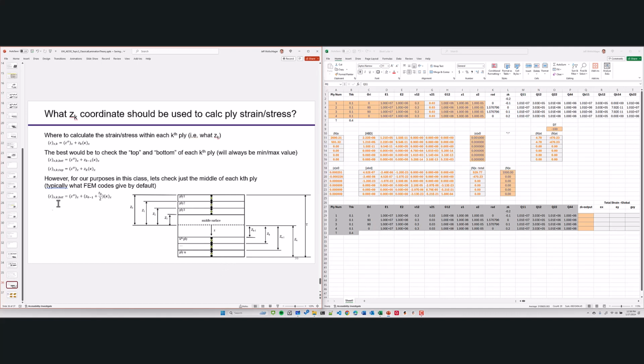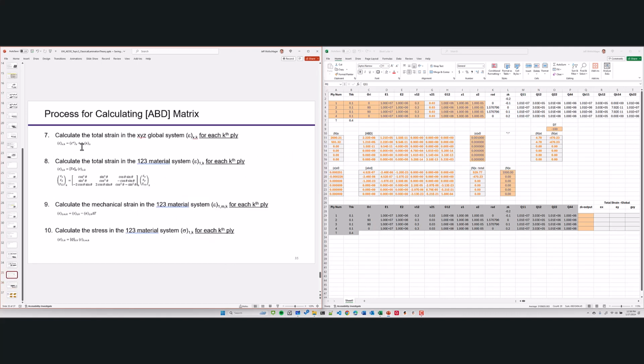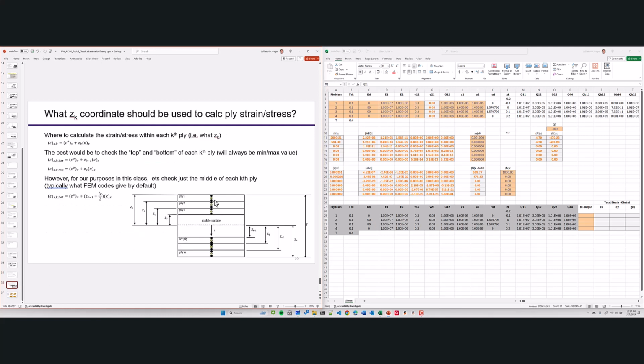In the equations, you need a z coordinate for that ply. It doesn't have to be the zk we talk about. It doesn't have to be the top, z naught or z1. It can actually be any z in the kth ply. So if you look at it, there's an infinite number of z's in every ply, right?